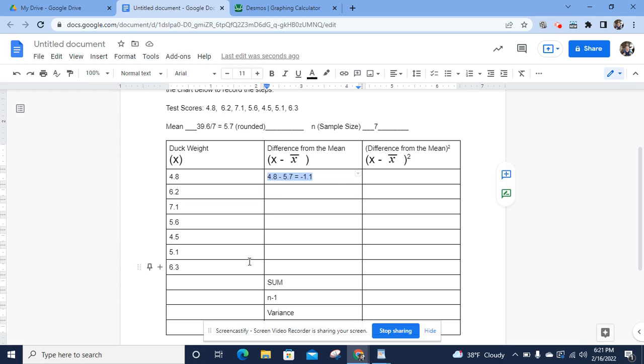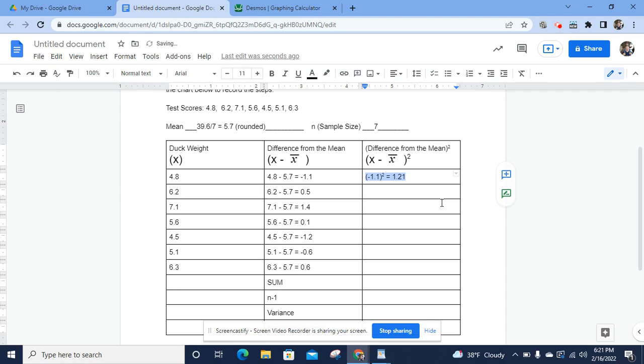I'm going to do the same thing with 6.2, and I get 0.5. And again, 7.1 minus 5.7 gets me 1.4, and 5.6 minus 5.7 is negative 0.1, and 4.5 minus 5.7 is negative 1.2, and 5.1 minus 5.7 is negative 0.6, and finally, 6.3 minus 5.7 is 0.6.